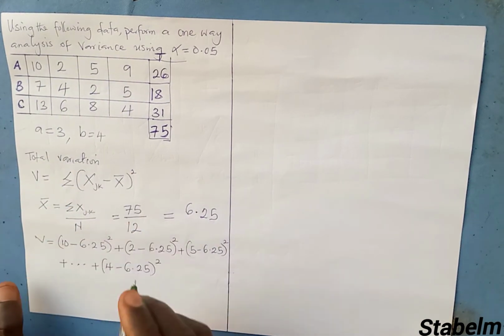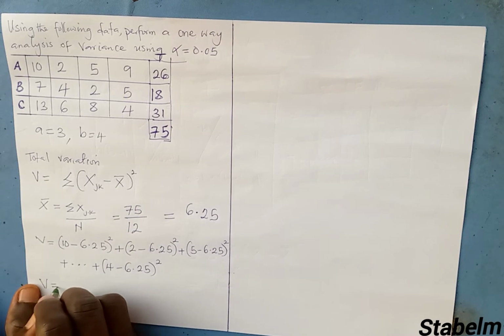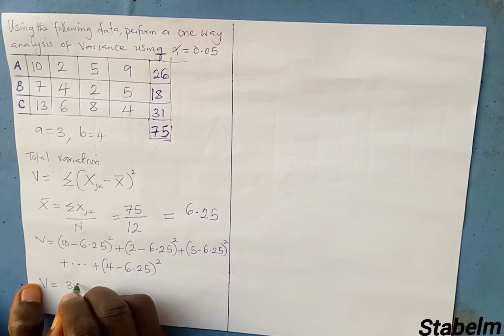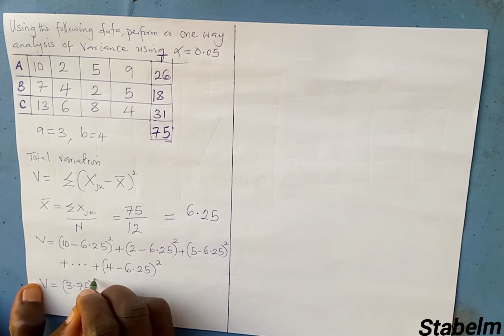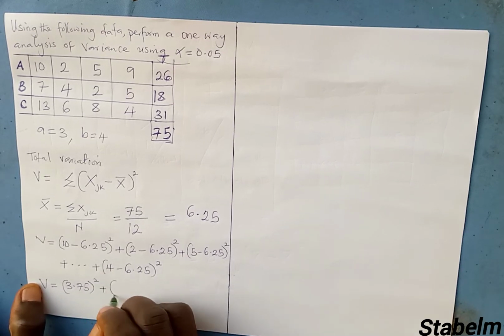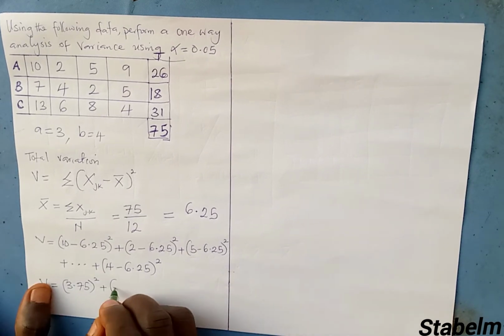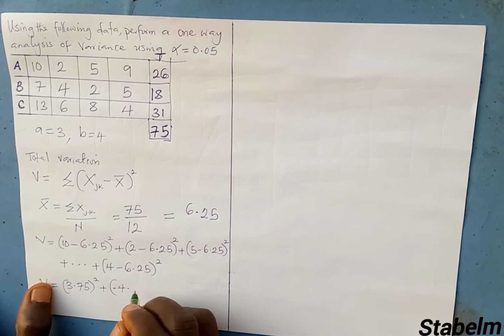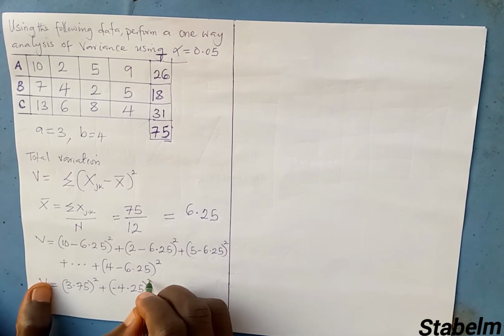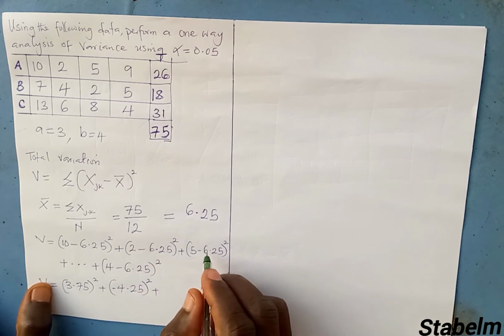And if you do it this way, we're going to have V equals 3.75 raised to power 2 for this, plus minus 4.25 raised to power 2 for this, plus this now.